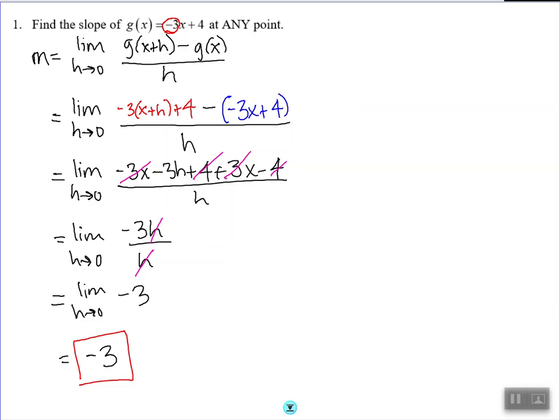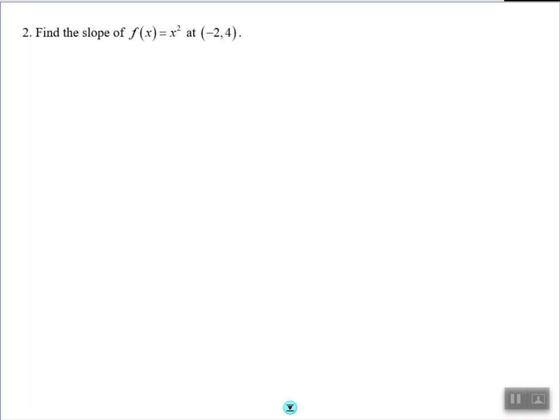But we will not always get a constant. Frequently, we get a function. So let's take a look at another example. Here, I want to find the slope of f of x equals x squared at the point negative 2, 4.